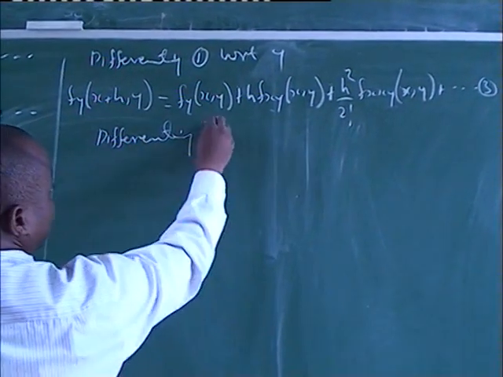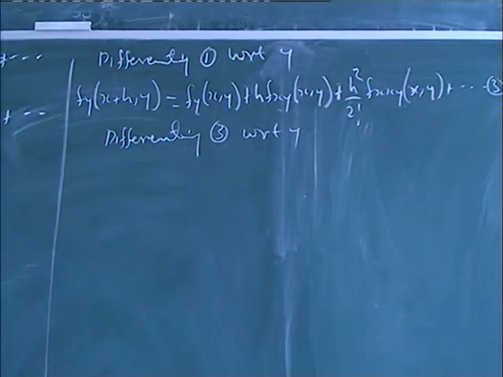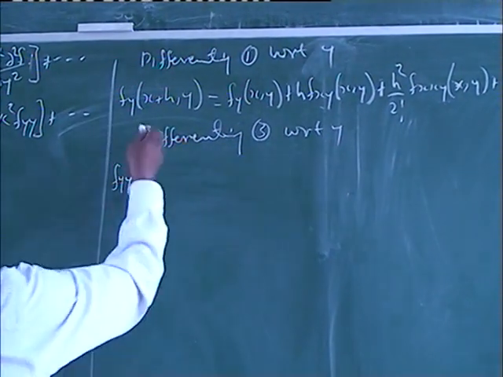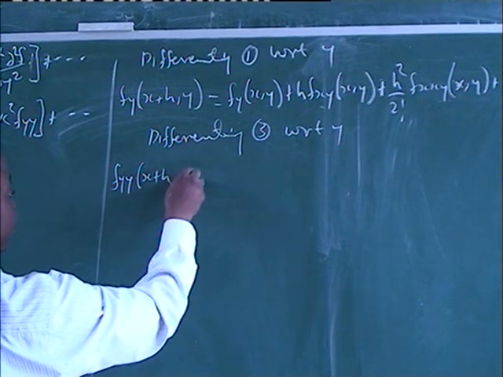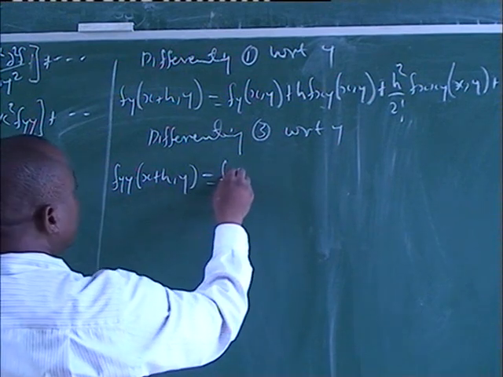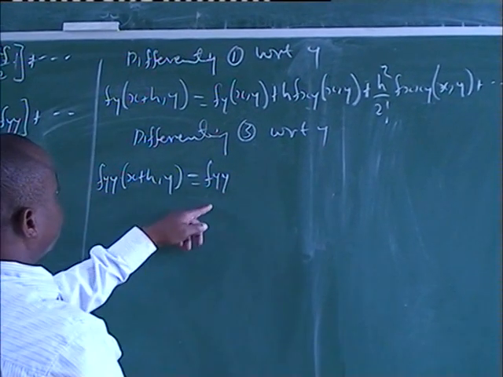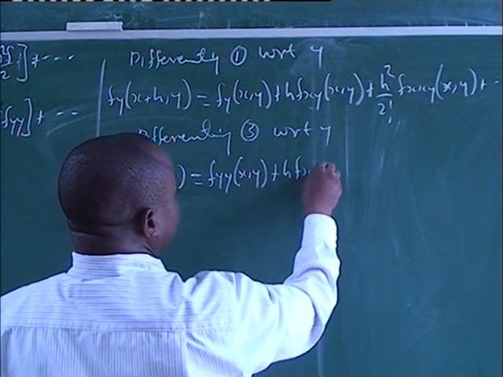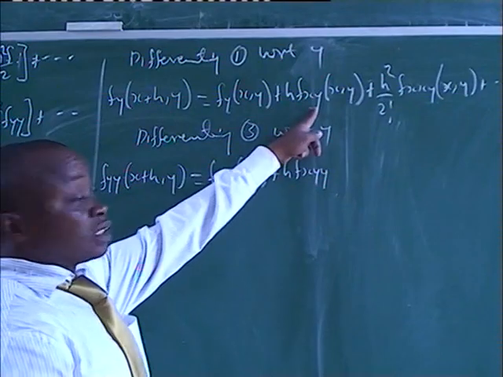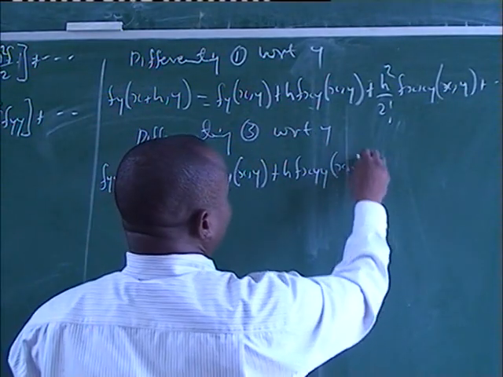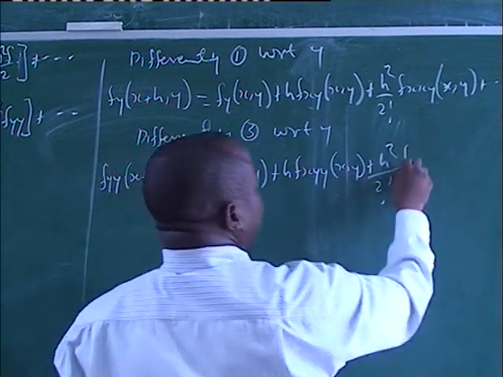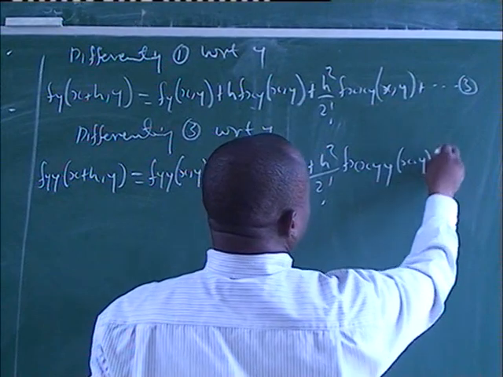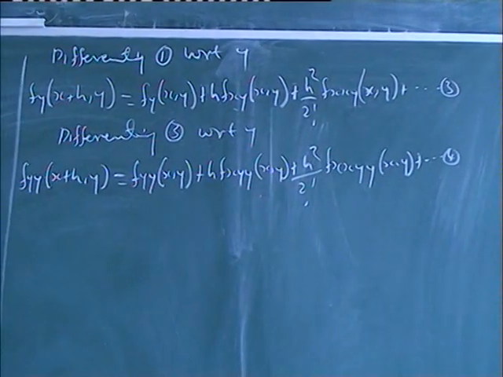I'm going to differentiate this 3 with respect to y again, and that will give me the second partial of f at x plus h, y, and then the second derivative again of xy, plus h times xyy, plus h squared over 2 factorial, then xyy. This is equation 4.